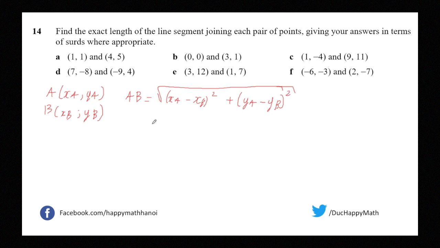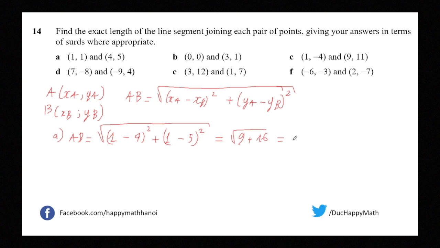Question A: AB will be equal to the square root of (1 minus 4) squared plus (1 minus 5) squared. So (1 minus 4) squared is 9, (1 minus 5) squared is 16.